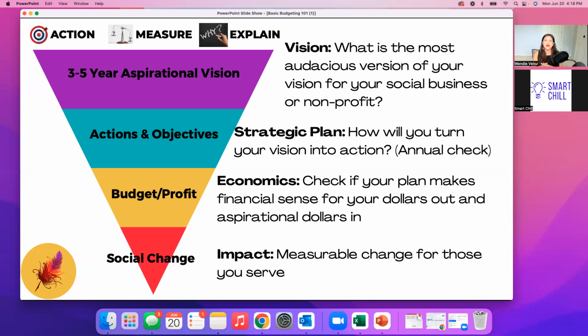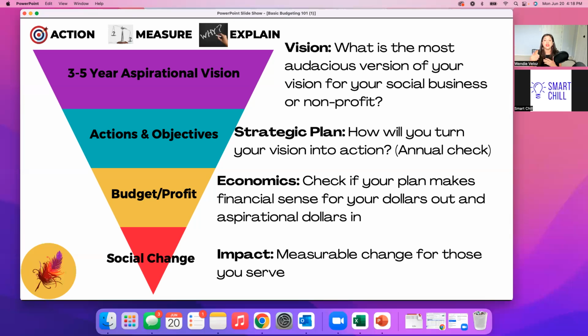And it seems like you're probably going, what does all of this have to do with numbers, right? All of these concepts support one another when you're thinking about how to put the numbers on the paper. So as you're translating this vision in your head into numbers on a paper, you have to understand what is your strategic plan to get to that vision.